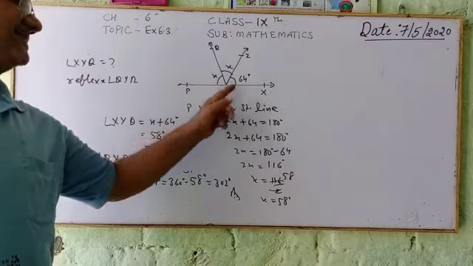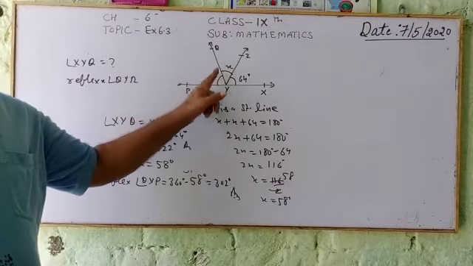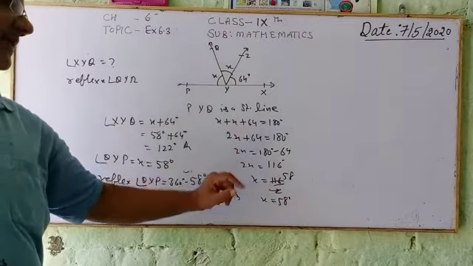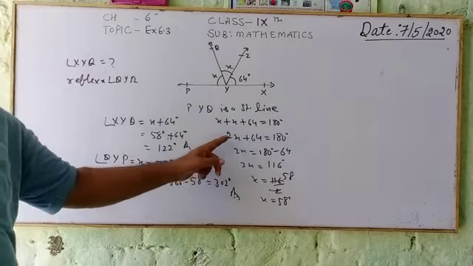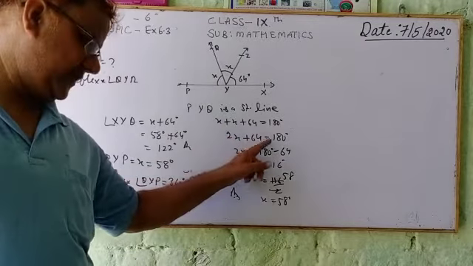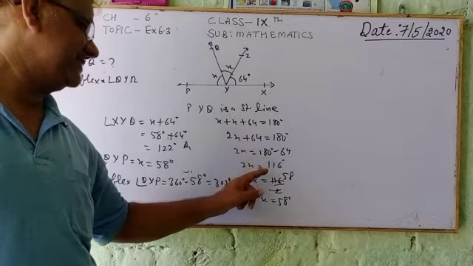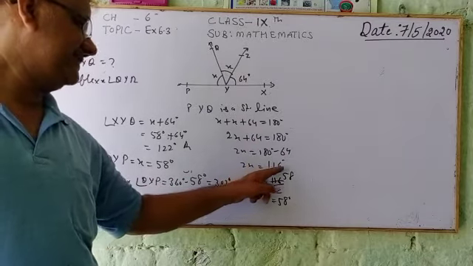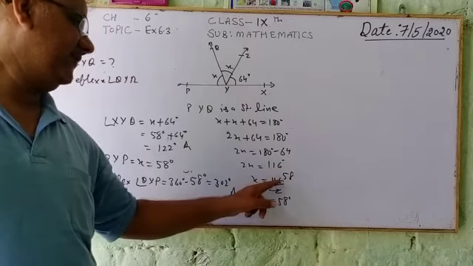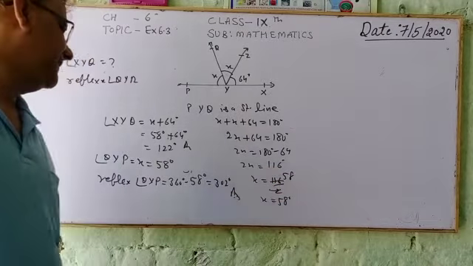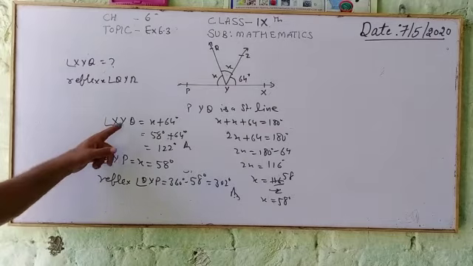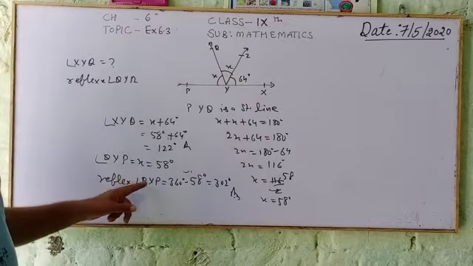So students, look, for this question we are given that x and x both are equal and 64. This is the straight line. So we make a straight angle. x plus x plus 64 equal to 180 degree, and x plus x, that is 2x plus 64 equal to 180 degree. 64 we place on the right side, we get minus 64 degree. So 2x equal to 116 degree and x equal to 116 upon 2, that is 58 degree. We find out the value of XYQ and reflex of QYP.